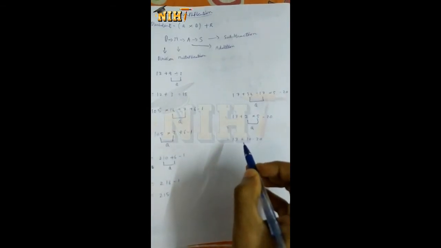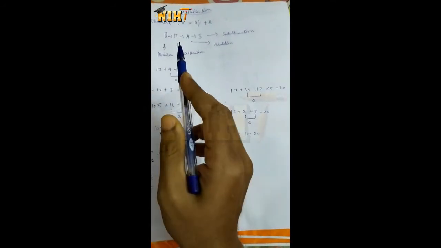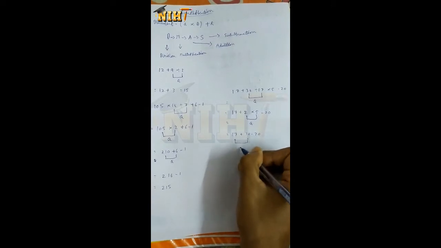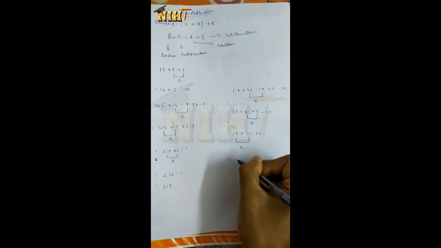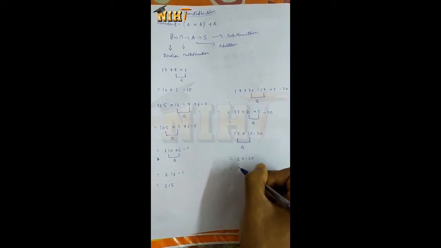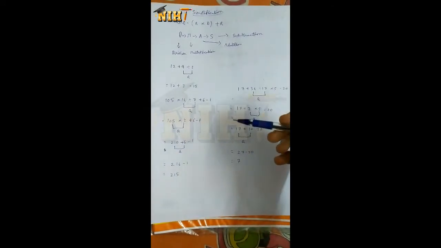Again in this step, we have to find the quotient. The next step will be the addition, so this will be the quotient. In the next step, 27 minus 20, and the final answer is 7. I hope this is clear to you.